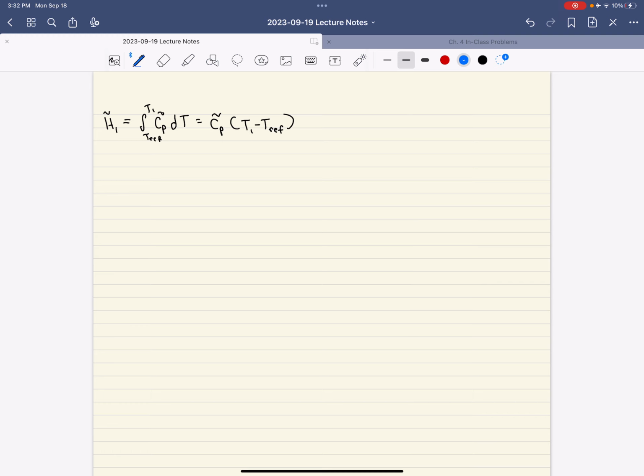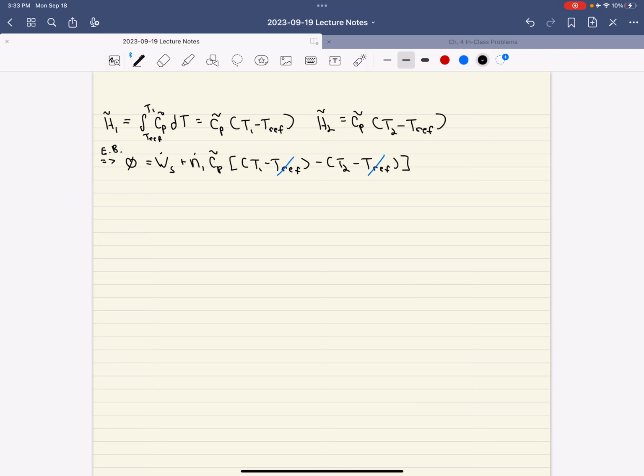Stream 2 is the same sort of thing. Going back to our energy balance, we can factor out the CP since it's in both enthalpy terms. We have T1 minus Tref minus T2 minus Tref. The Trefs cancel.